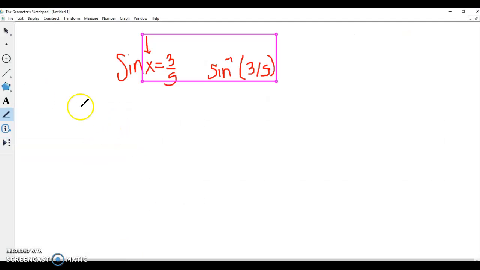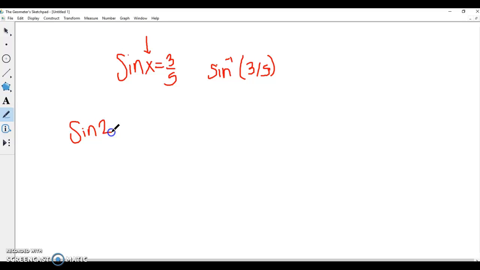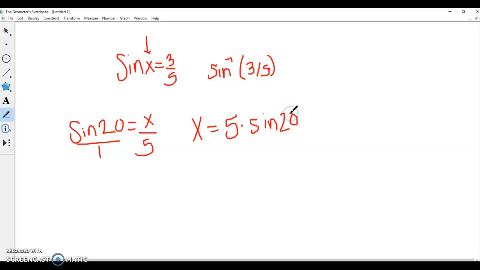Now, what's a little bit different is, let's say I give you sine of 20 equals x over 5. So now I'm looking for a side length. Well, this is where I can really cross multiply. I know that x times 1 is x, and then this would become 5 times the sine of 20.